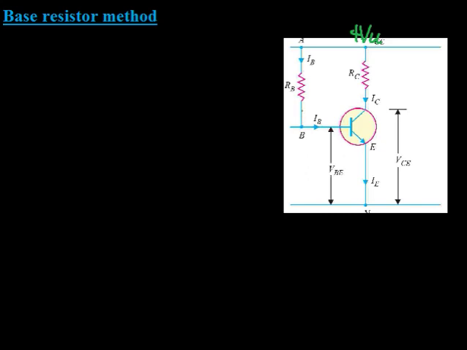If it is a PNP transistor, then the base resistance Rb should be connected to the negative terminal of the voltage source VCC. So instead of connecting this Rb to A, we will connect the other end of this Rb to the lower terminal, that is minus, the neutral point N. So now let's analyze this circuit first.